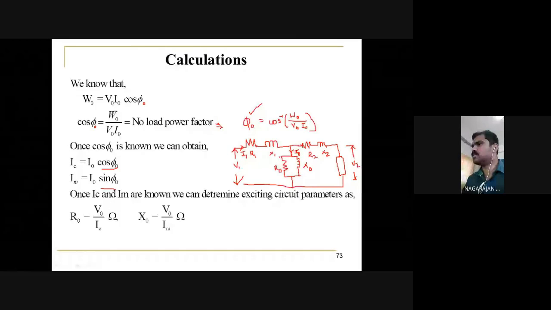One is IC and another one is IM. The current passing through this is I2. So this is an equivalent circuit of a general transformer.